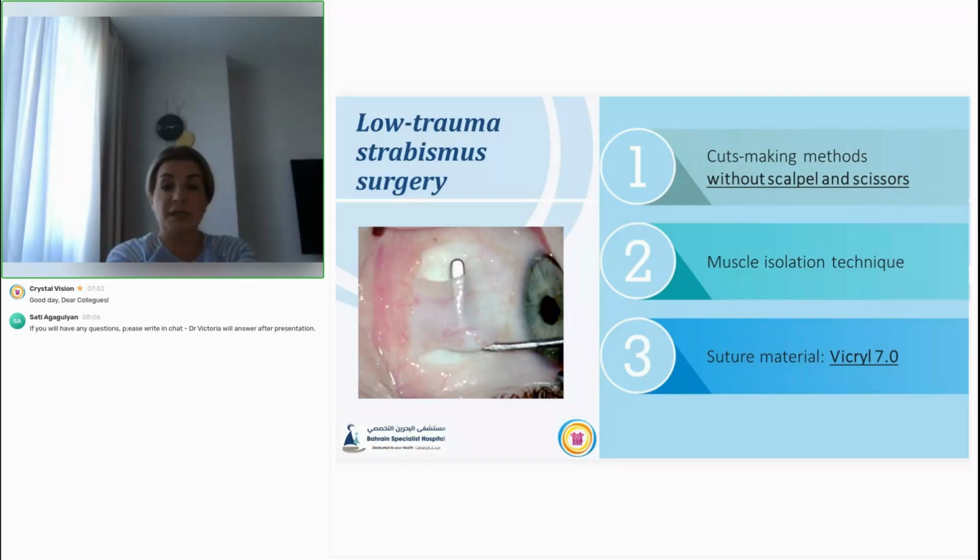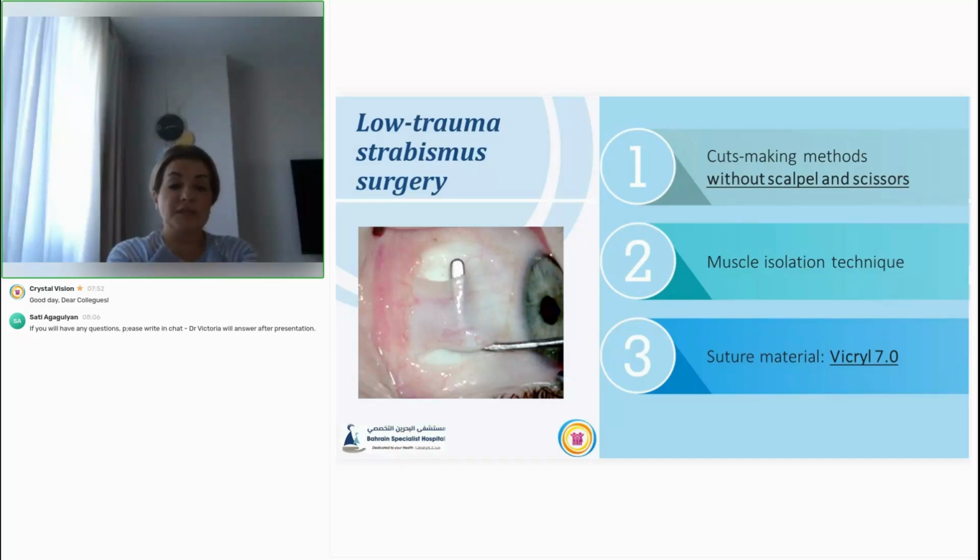So this is preservation of integrity of the vessels. Well known that blood spilled into the tissue leads to severe inflammation, postoperative edema, and stimulates the formation of fibrous tissue in the postoperative period.